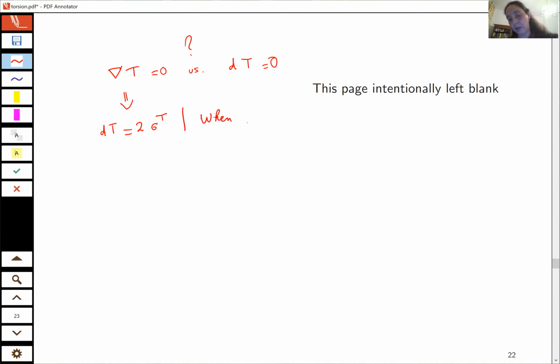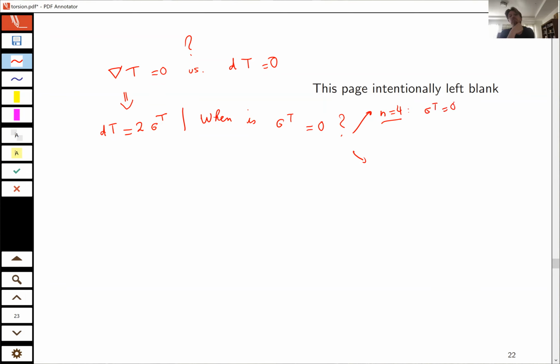When is sigma T equal to 0? Then you have two cases to consider. One is your manifold is of dimension 4. Then you are lucky because then you realize that algebraically, for any 3-form in dimension 4, this form sigma T is automatically 0.